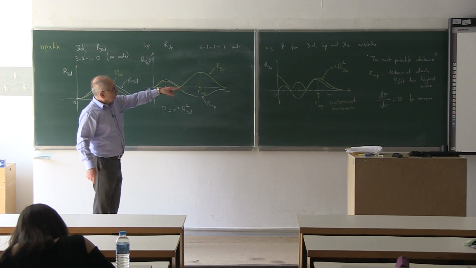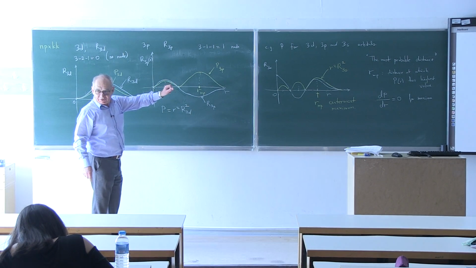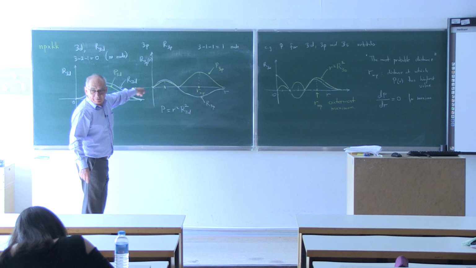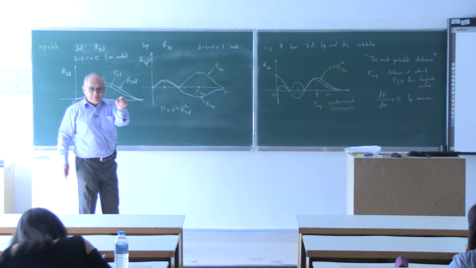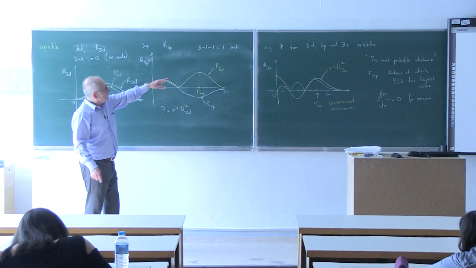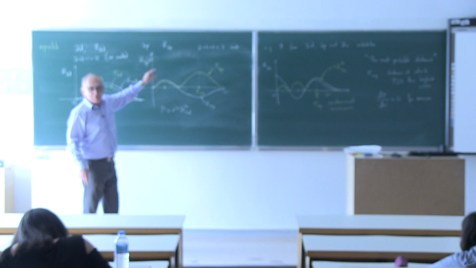About the value for the most probable distance, you see that these three examples have the same n value, principal quantum number. One is 3s, the other is 3p, the third one is 3d.